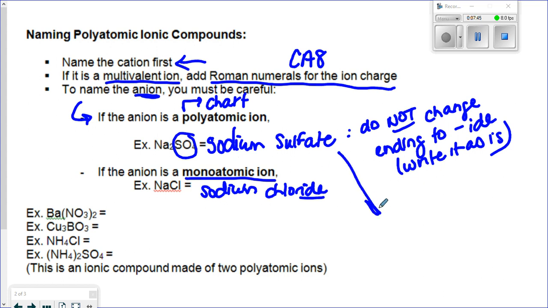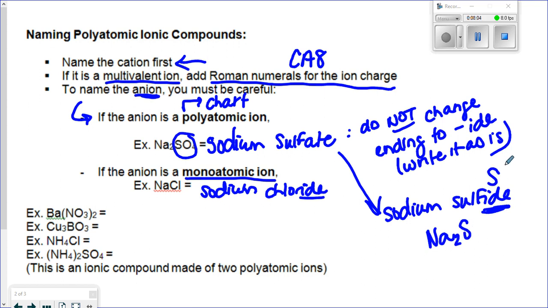Just to show you, if we changed it to sulfide instead of sulfate, sodium sulfide is actually Na2S. The ending of IDE is indicating S with 2 minus, right? That's our sulfide ion. So we can't cross it out enough: we don't change the ending to IDE if your anion is a polyatomic ion.